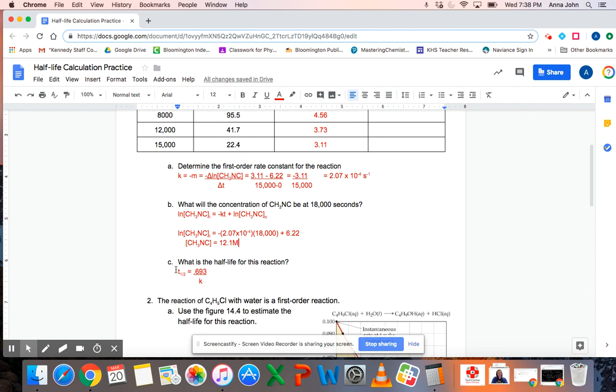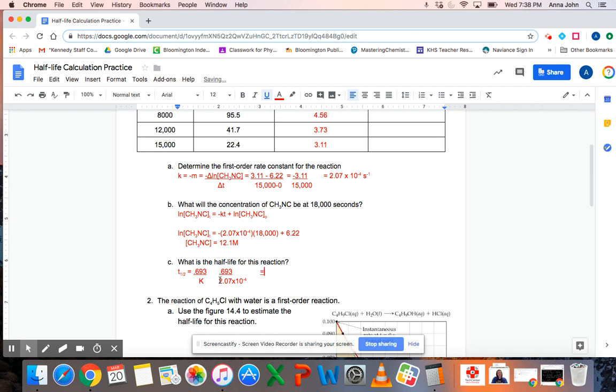This is going to be the half-life equation that we're going to use. In a first order reaction, the half-life doesn't depend on the initial concentration. So we're literally just going to take 0.693 divided by the K value. Our K value back up top was 2.07 times 10 to the negative fourth.